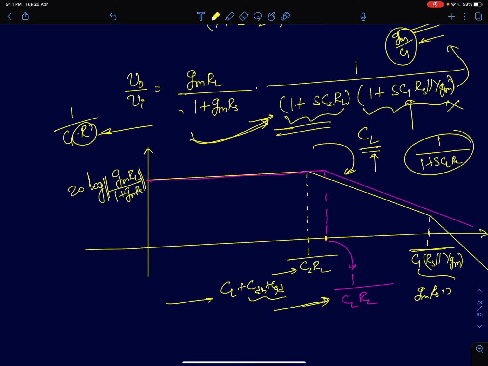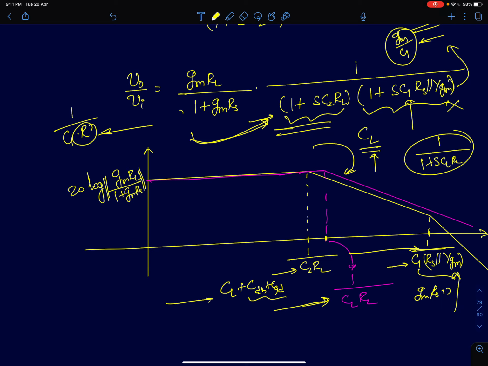Here, if you see, there is a second pole, but that occurs at a much higher frequency. The reason is that the impedance is very small. You have a capacitance which is just a parasitic capacitance, but it's getting multiplied by a very low impedance, which is 1 by gm. Therefore, that pole will be at a much higher frequency.